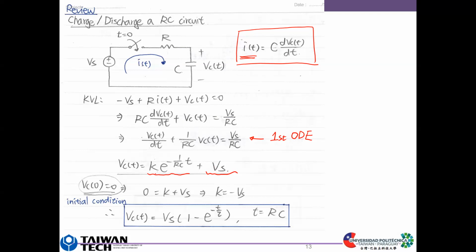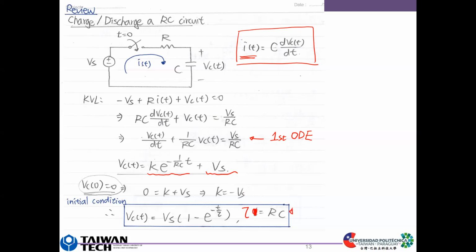When plugging in the initial condition, if the initial voltage of the capacitor V_C(0) is 0, we are able to find K equals minus V_S. So when charging a capacitor, we have a formula to represent the voltage of the capacitor, which is V_S times (1 minus e to the power of minus t over tau). And tau is a time constant equal to RC.